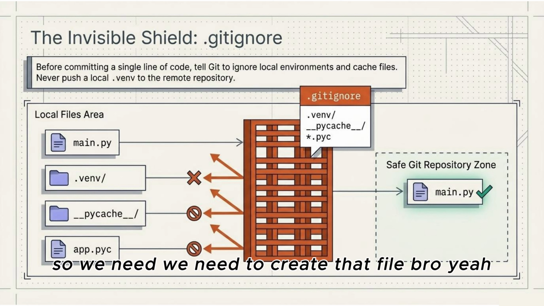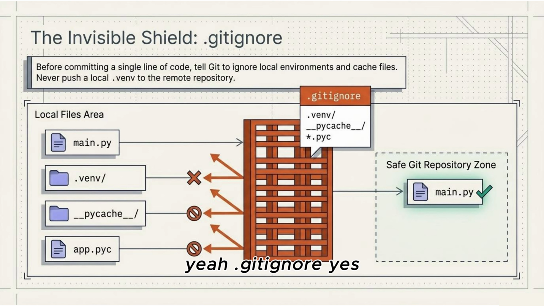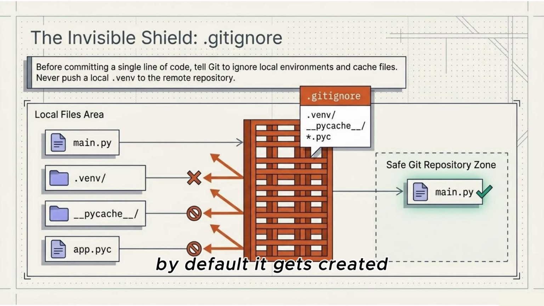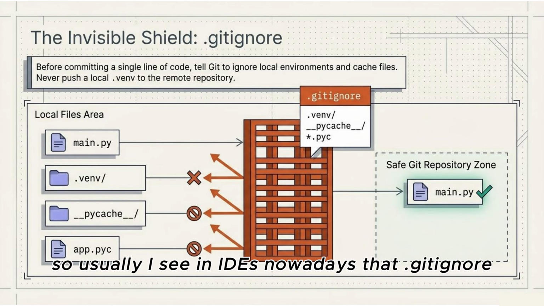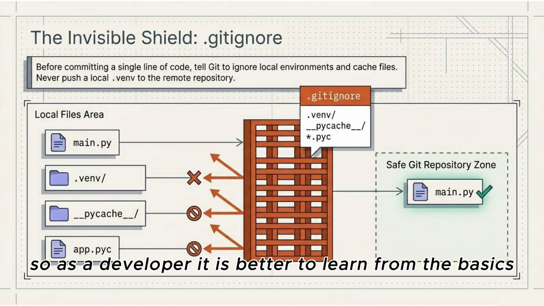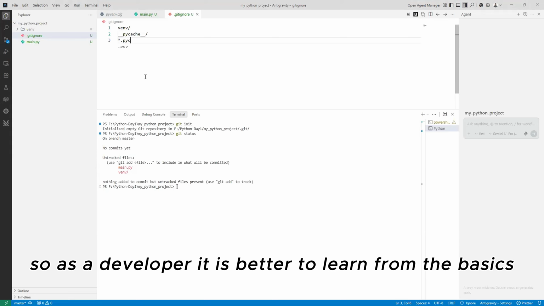So we need to create that file, .gitignore. Sometimes, if you are doing it some other way, it gets created by default, but here we don't have it. Usually I see in IDEs nowadays that the .gitignore is created automatically. But as a developer, it is better to learn from the basics.